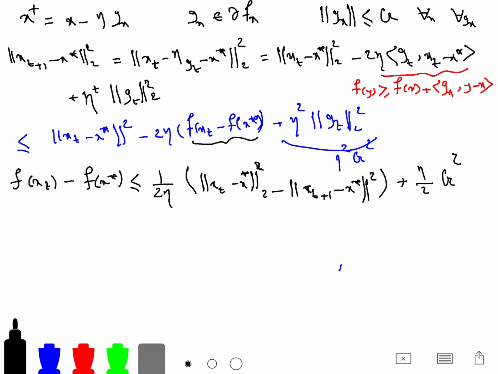And I just sum over t and average that so that I can use the telescopic sum.